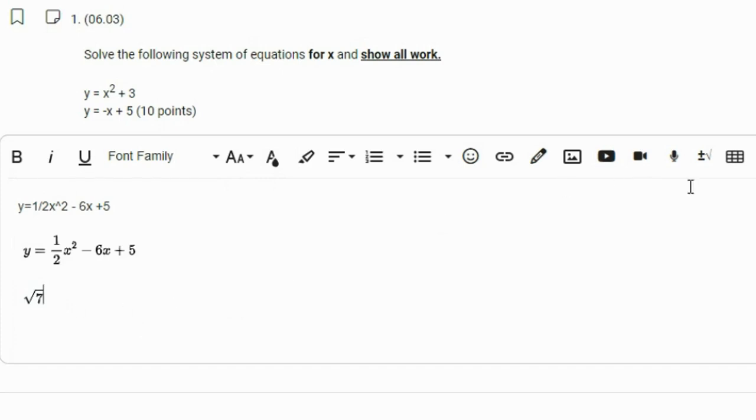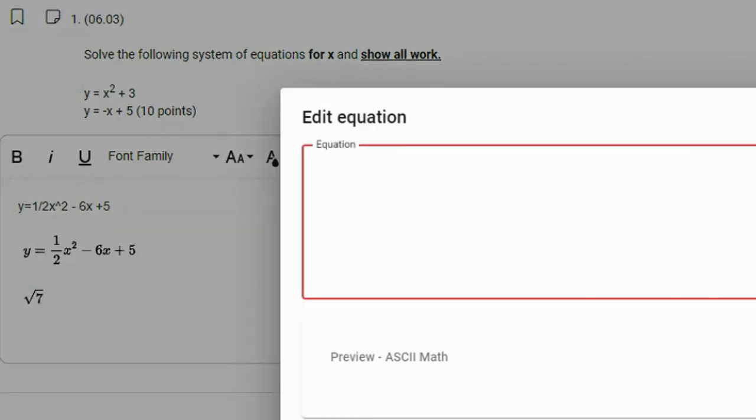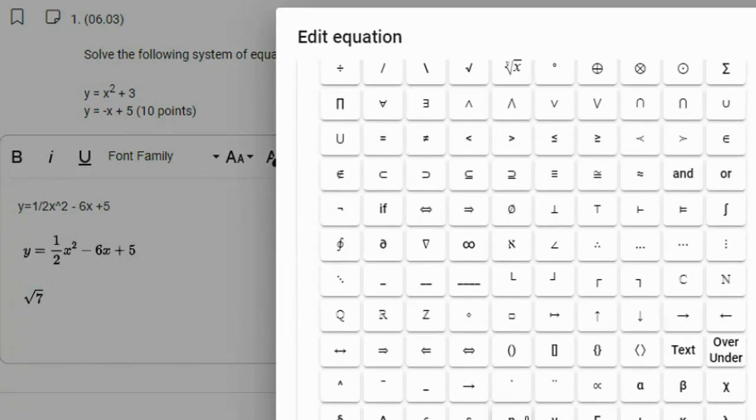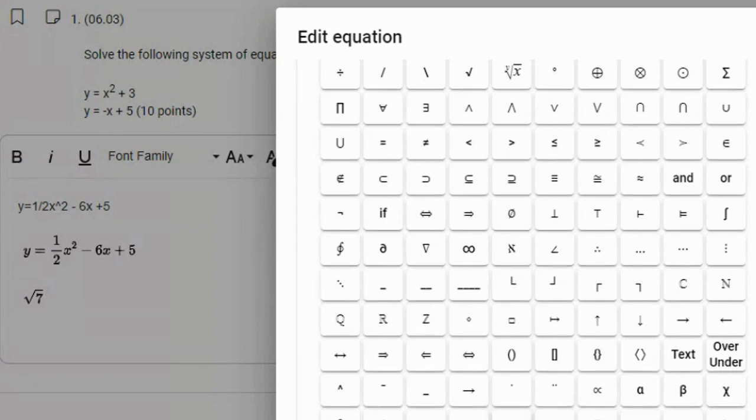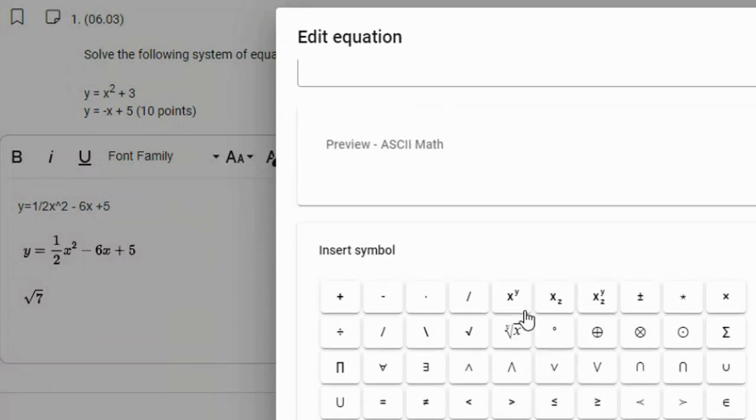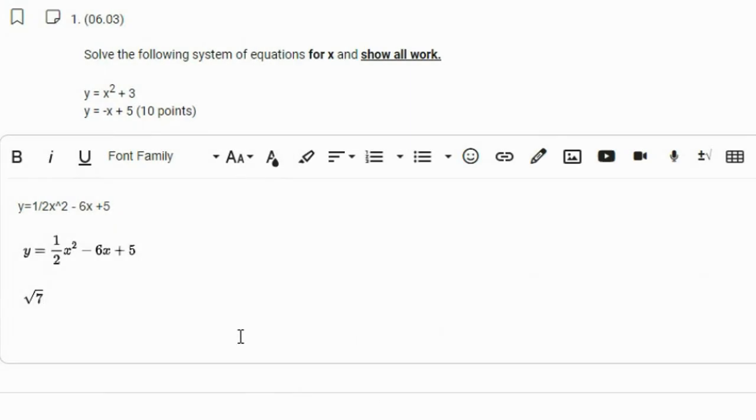So use the insert equation button. There's a bunch of symbols at the bottom. Some of them we don't use at all, but there's a lot to use: something squared, plus or minus, times, divided, square roots, third roots, fourth roots, fifth roots, all of that right there. So use that.